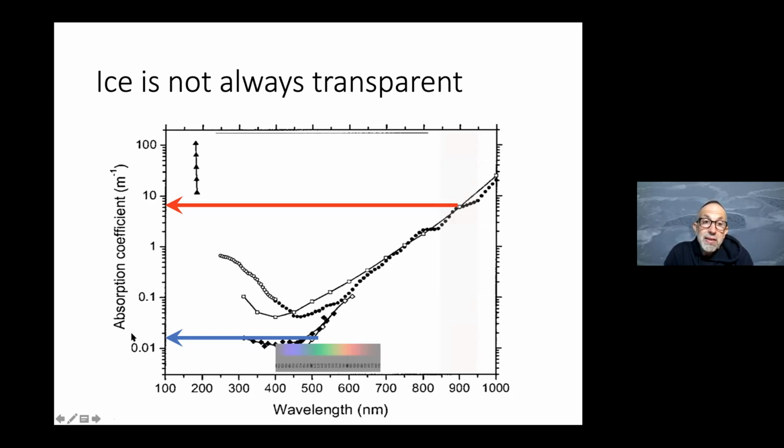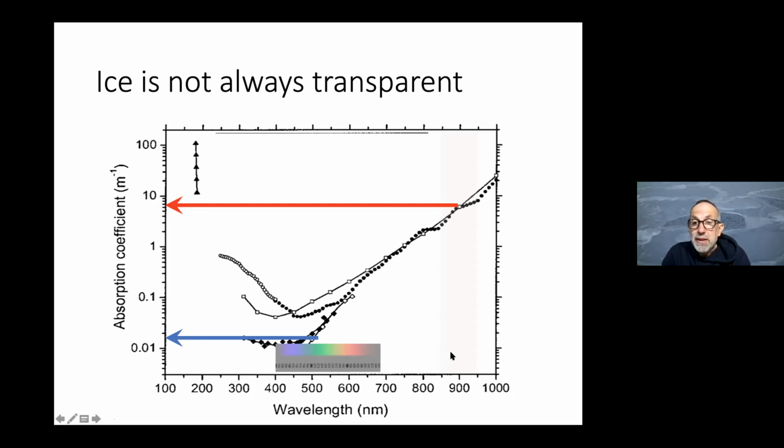And on the y-axis is how much light of a specific wavelength is absorbed per meter. When it's a small number, then it's very little light, and when it's a large number, it's almost all light. And when we look here, in the greenish, we see this absorption is about 1/100th of the light per meter.